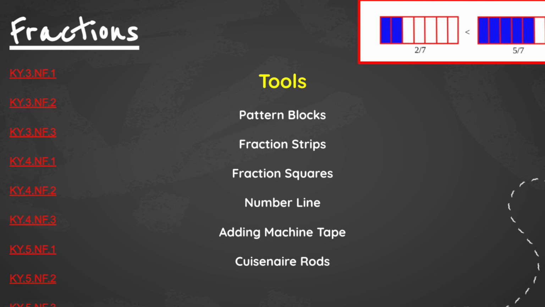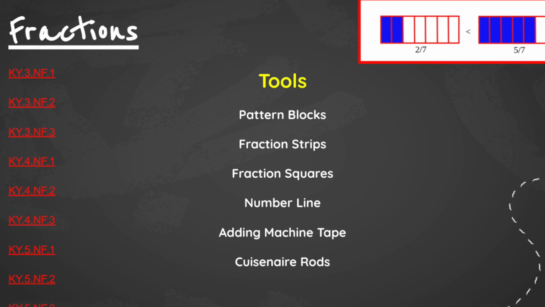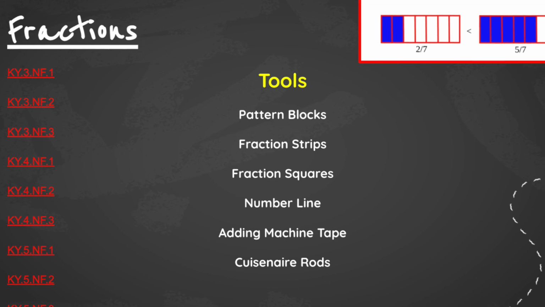And one of these would be 1/3, 2/3, 3/3. So it's just another way of building and using your pattern blocks. There's lots of uses for our pattern blocks you'll see today.